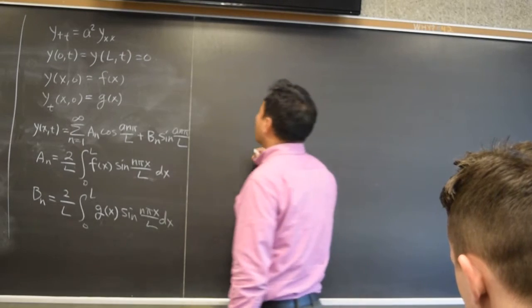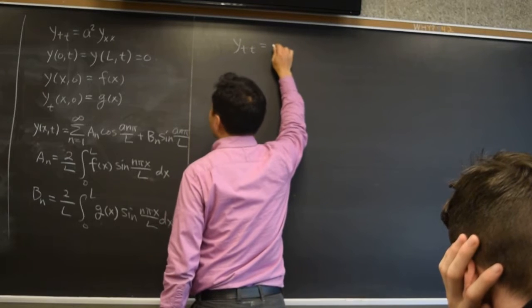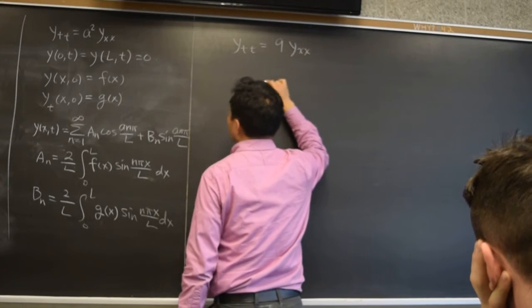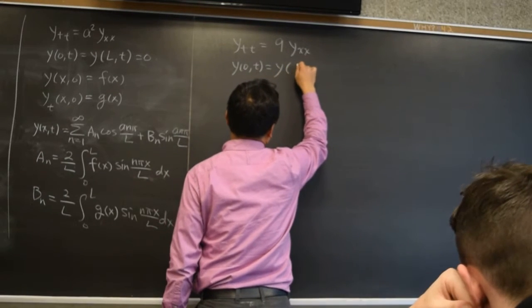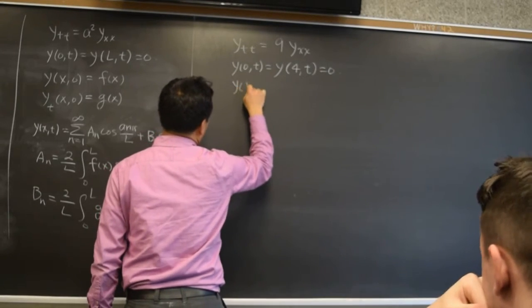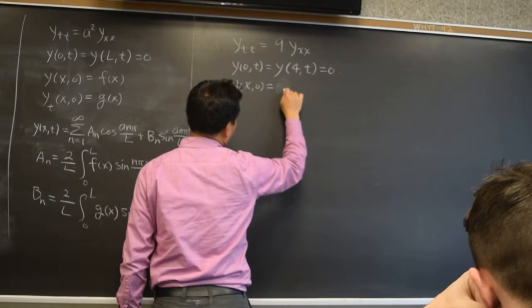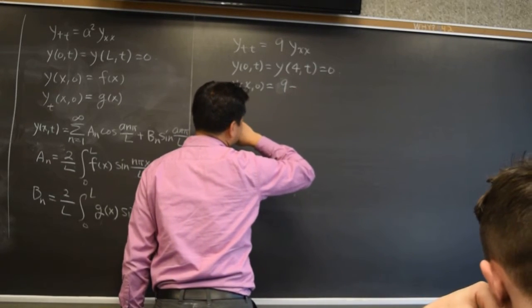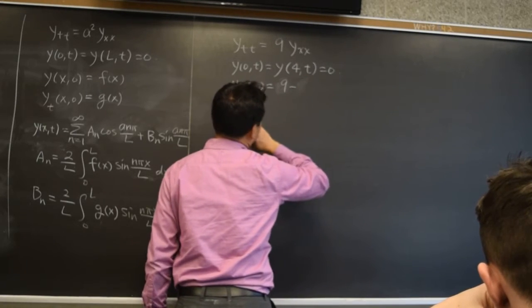So if you see ytt equals, say, 9yxx, and y of 0t, y of 4t equals 0, y of x0 is f of x, let's just say this is 9 minus, let's see, x squared.